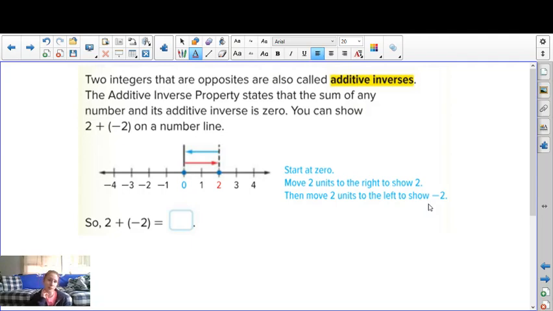The additive inverse property states that the sum, which we know stands for addition, of any number and its additive inverse is 0. You can show it on a number line.